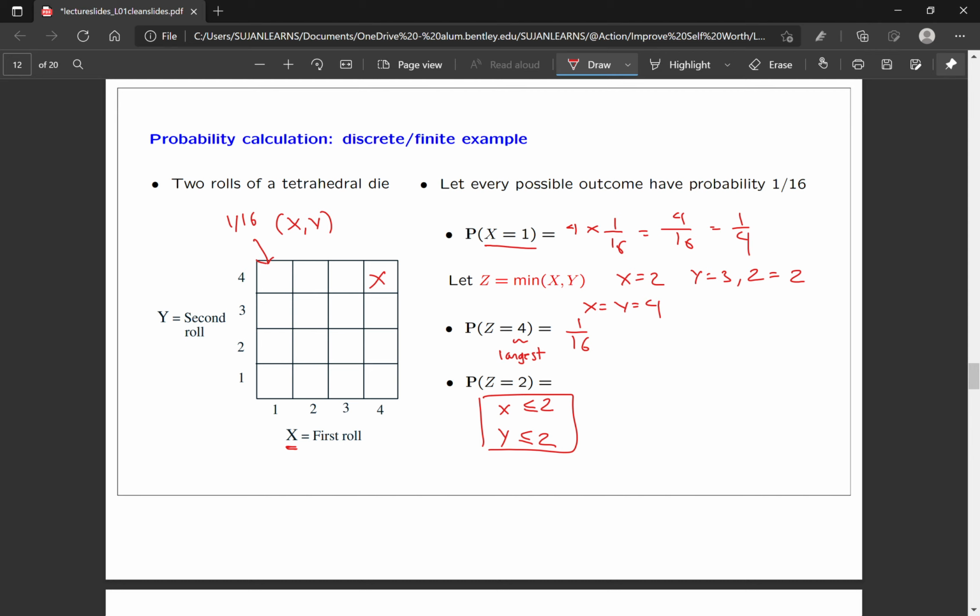Now, plotting this in the diagram, x is greater or equal to 2. What does that mean? It means this. And y is greater or equal to 2.